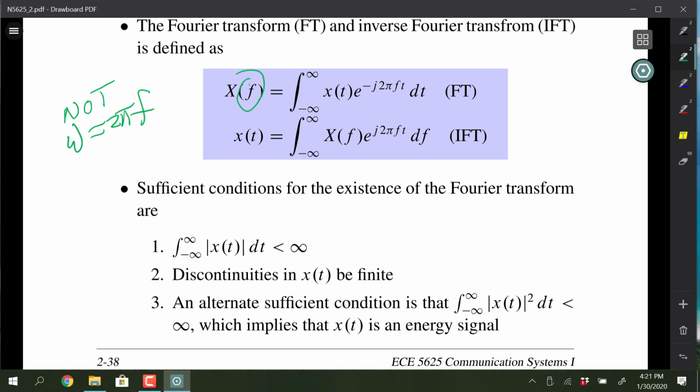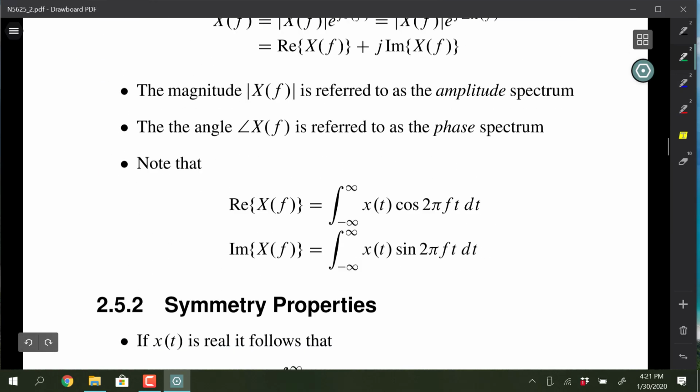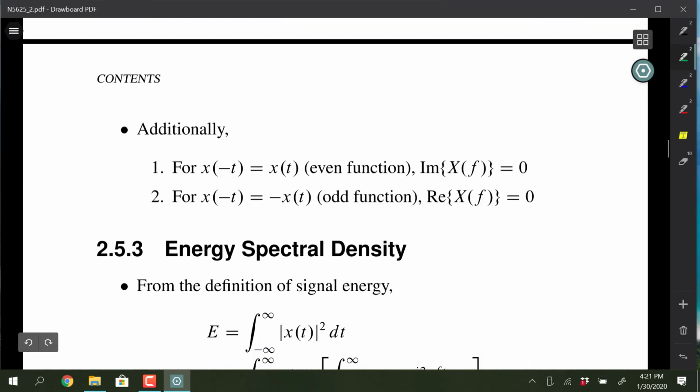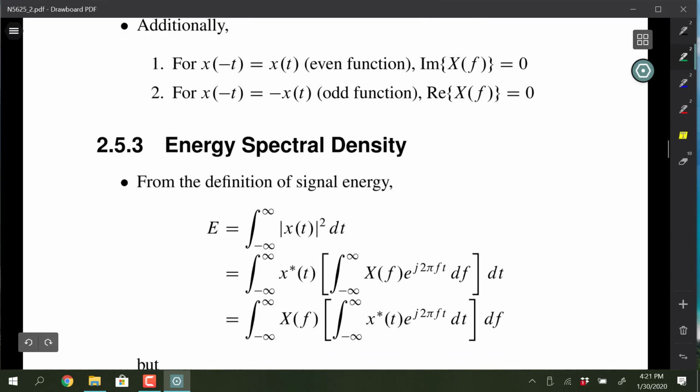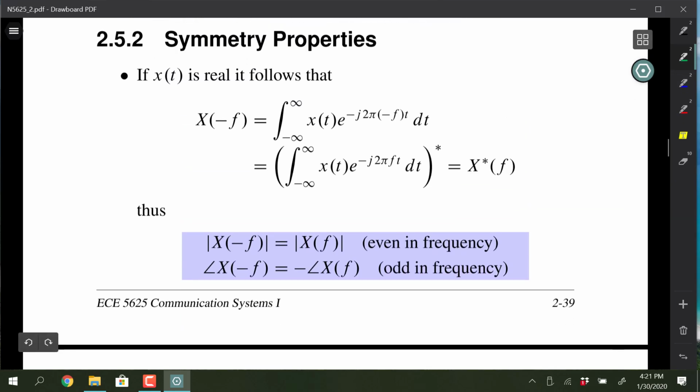And then another one is 1 over the square root of 2 pi in both of them. So that's a third one. I think physics uses that one. You can believe that though, right? Each group of scientists, engineers has to have their own favorite. So this is the favorite one for comms people though. And we'll launch into symmetry properties, energy spectral density, all that kind of stuff. But this will be showing up in some of the homework problems for the next assignment.